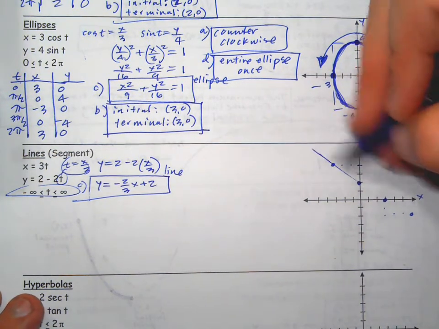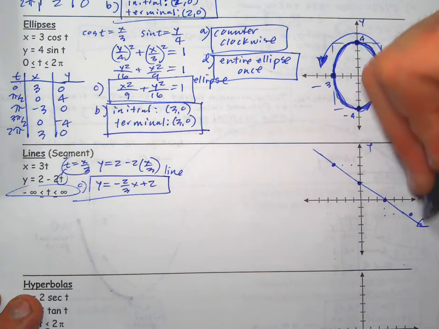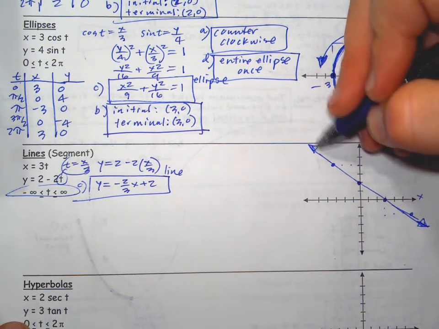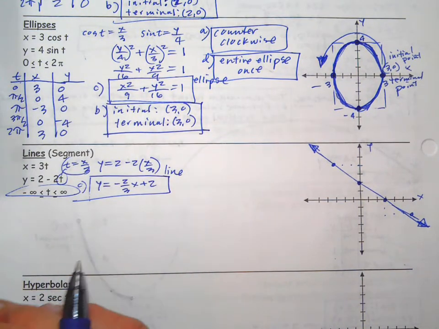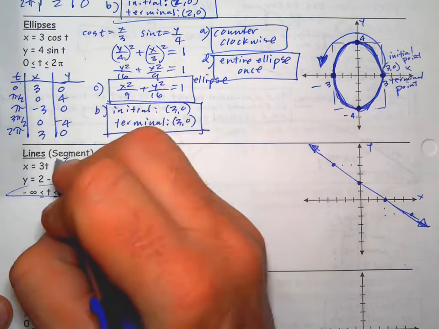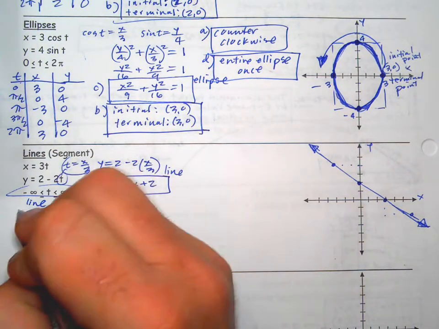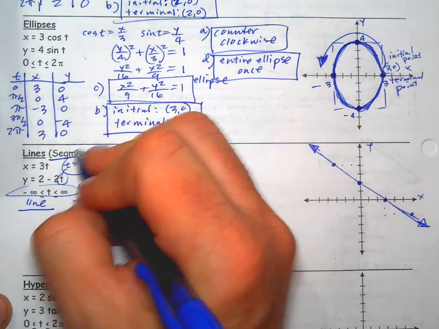So it's the whole line. Arrows on the ends. And there's no initial or terminal point. Now you could plug a couple points in to figure out the direction. Is it going left to right? Is it going right to left? It could be one or the other. This is the whole line. A segment is a piece of a line. You could also get a ray.